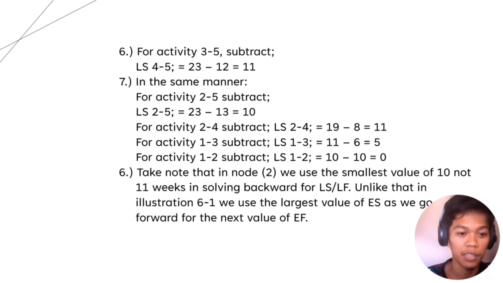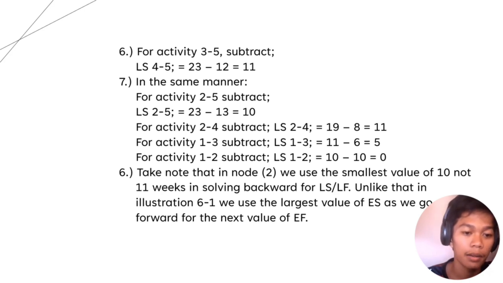For number 6, activity 3 to 5: subtract from LS of 5 to 6, which is 23, so 23 minus 12 equals 11.